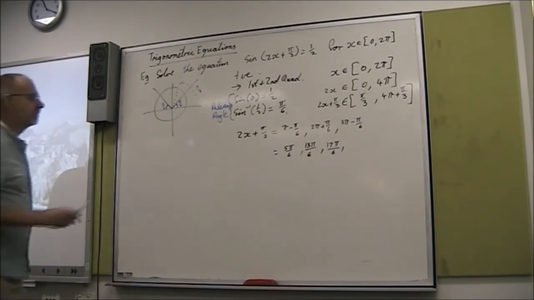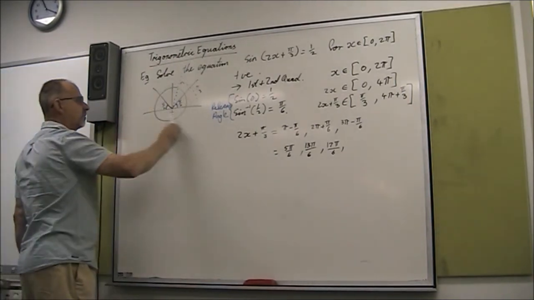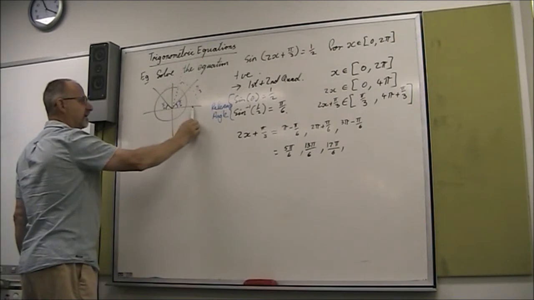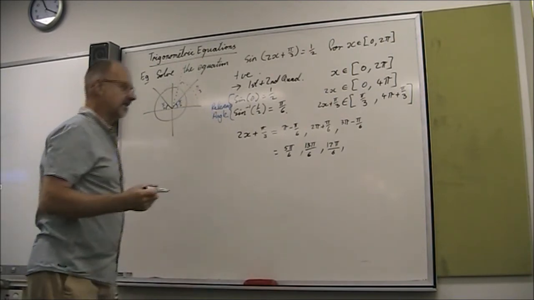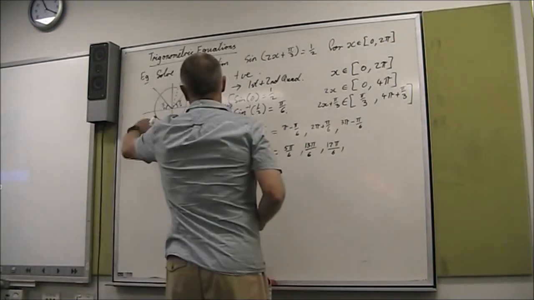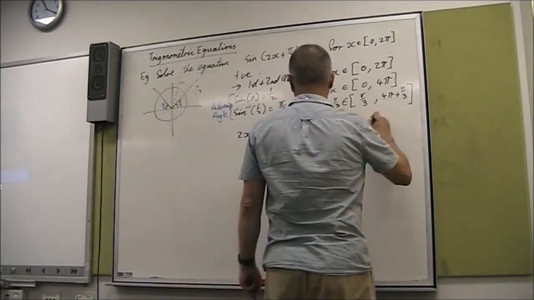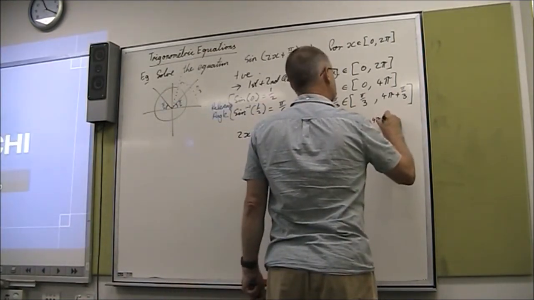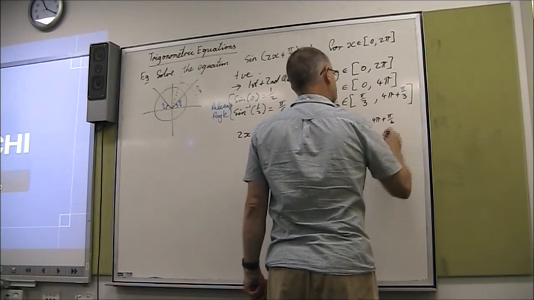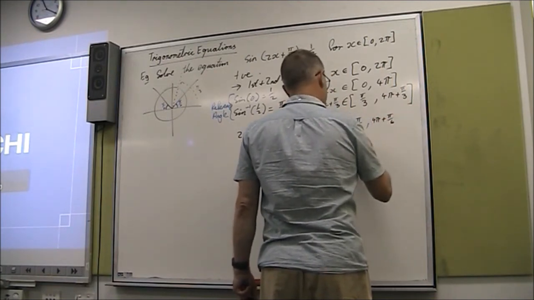And then there's one more, because we're allowed to go 2 pi, 4 pi plus the pi on 6. 25 pi on 6.